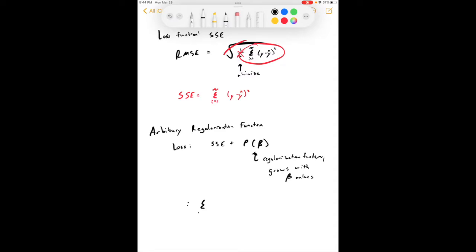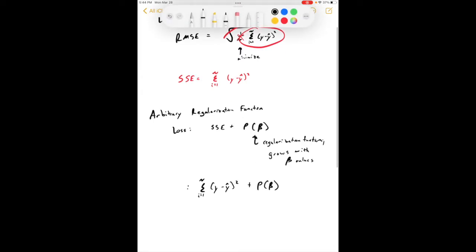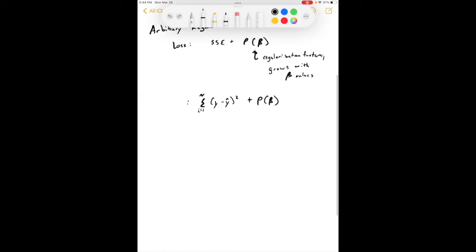So what this looks like so far is the sum from i equals 1 to n of the error squared, plus some function of beta, where beta is the matrix of all of the coefficients that we've found.